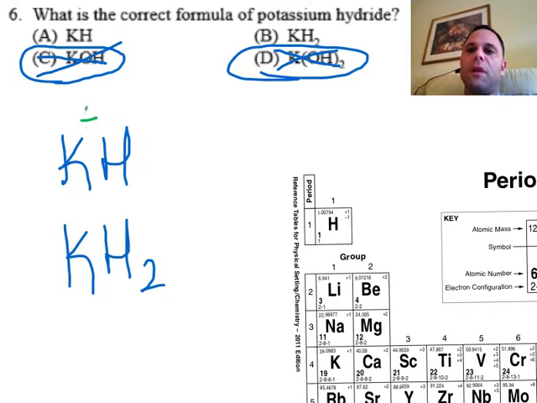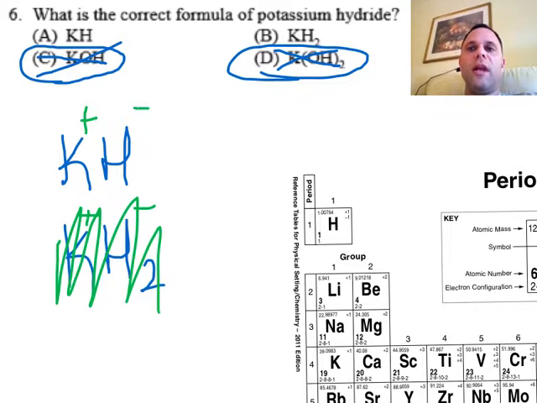This is +1, -1. If we do the crisscross, which one of these works? A 1 drops down to here and a 1 drops down to here. Looks good. 1 dropping down to, that says 2. It doesn't fit. It cannot be this one. So the answer for number 6 must be A.